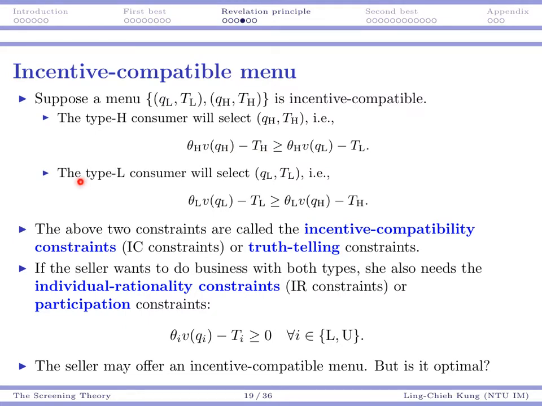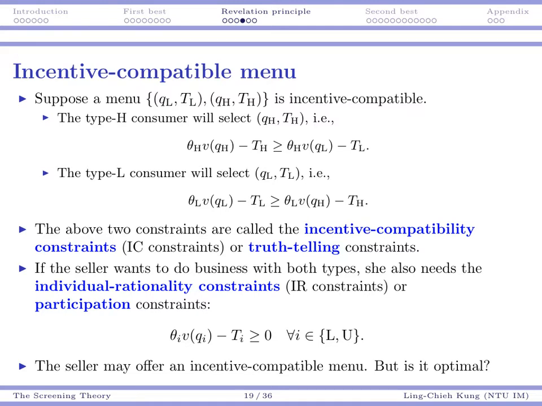Similarly, for type L consumer, I need to design these four numbers carefully so that I have this inequality, and then the low type guy will find choosing the low contract is better than choosing the high contract.